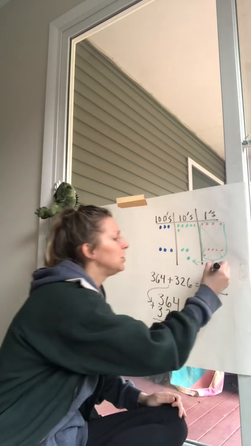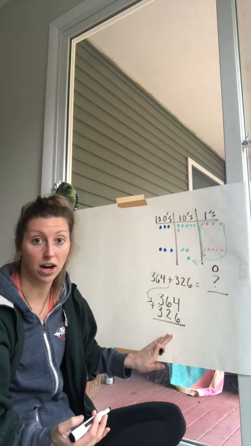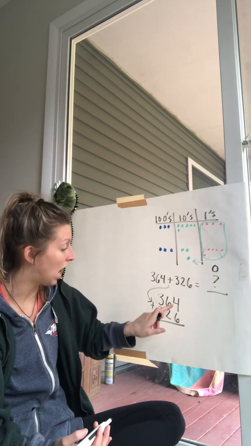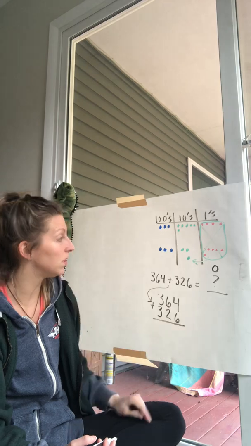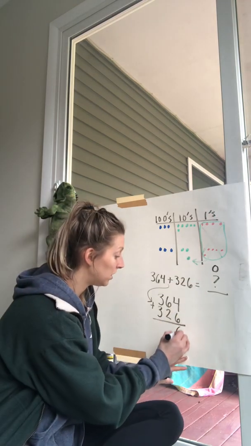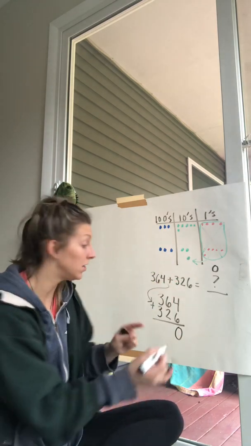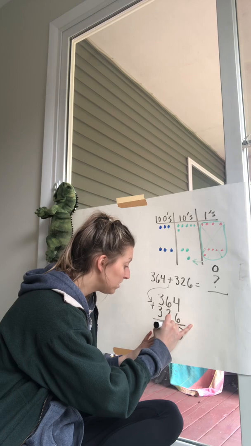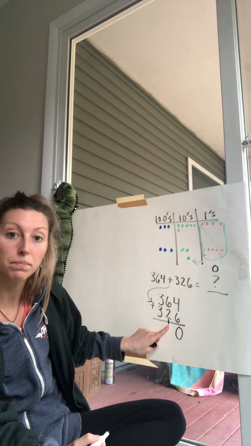No, I have 0 ones left. Now look what I do down here in my vertical way. I have 4 plus 6, right? Since we added the 4 plus 6 together, there were no ones left, so I'm going to put a 0. But I added how many to the tens column? I added 1 disc to the tens column, so I'm going to put that 1 down here at the bottom.